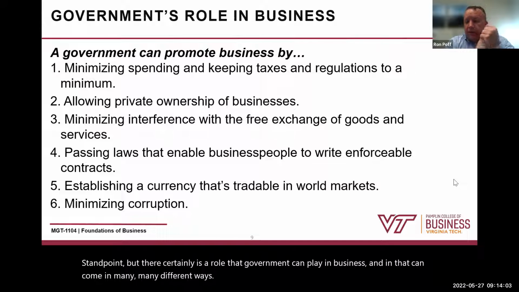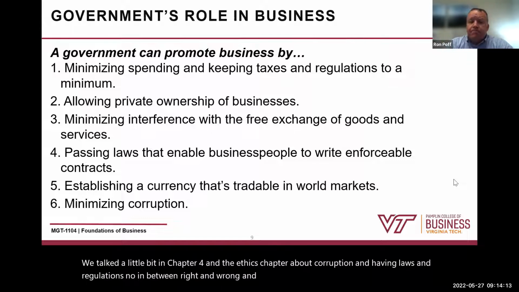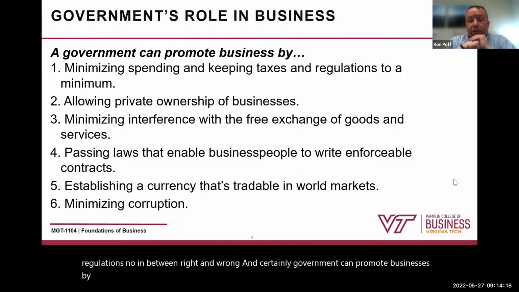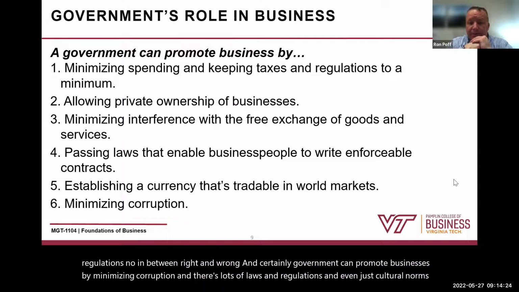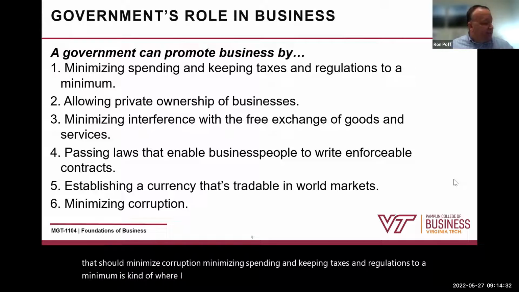We talked a little bit in chapter 4, the ethics chapter, about corruption and having laws and regulations, knowing between right and wrong, and certainly government can promote businesses by minimizing corruption. There's lots of laws and regulations, and even just cultural norms that should minimize corruption. Minimizing spending and keeping taxes and regulations to a minimum is kind of where I fall into place.